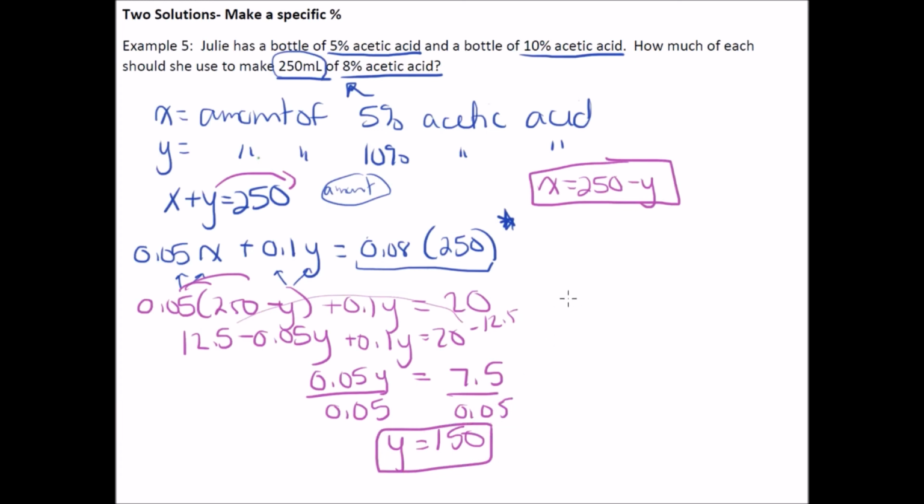Okay, y is 150, and now x is going to be 100. Oops, x.